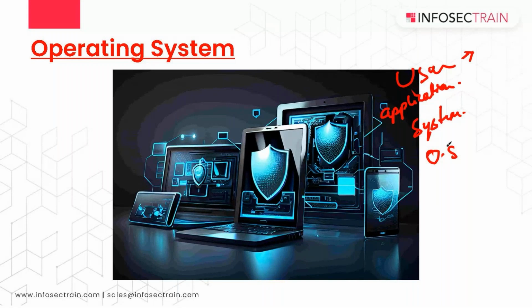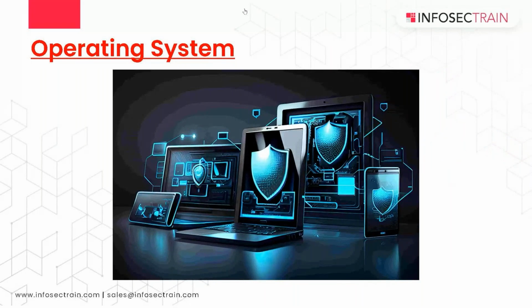The operating system manages each and everything, and it makes sure that all the programs work efficiently and work together with our hardware. And in the last, we have our hardware, the physical components in our system, which help us run a particular computer. So that is our operating system.